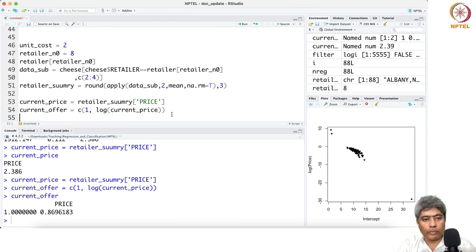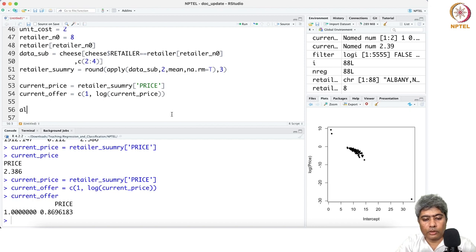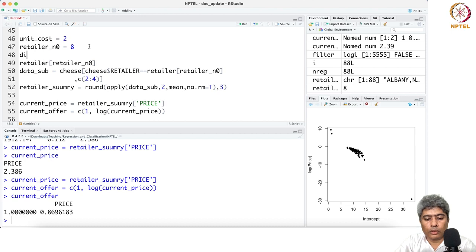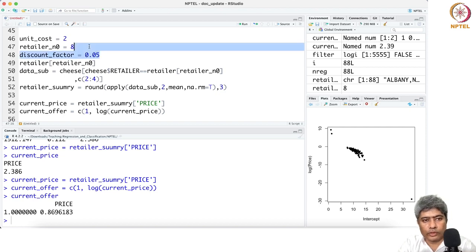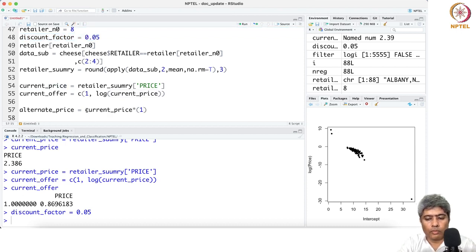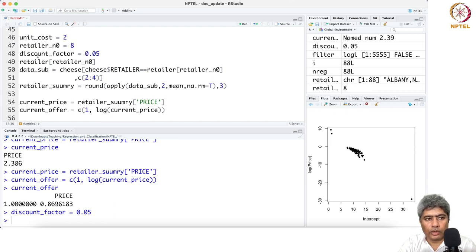Similarly, we have to make an alternate price, which is, say, discount. We have to define a discount factor. So maybe 5% discount I'm giving. So whatever the current price times 1 minus the discount factor.